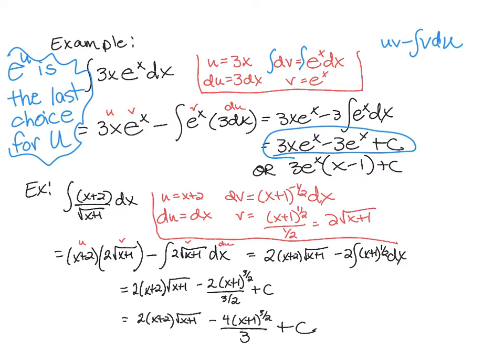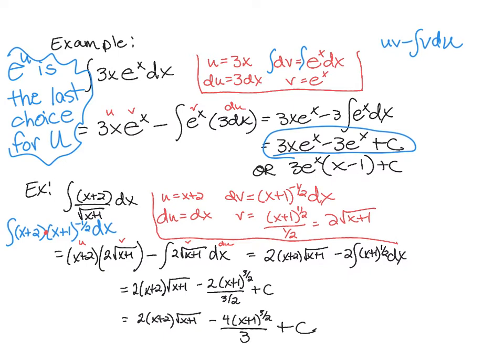So we have to change gears, and we kind of have to look at this as being the integral of a blob times another blob, and the one in the bottom is x plus 1 to the minus 1/2. So remember, when you're doing integration by parts, you're looking for two factors, two parts.